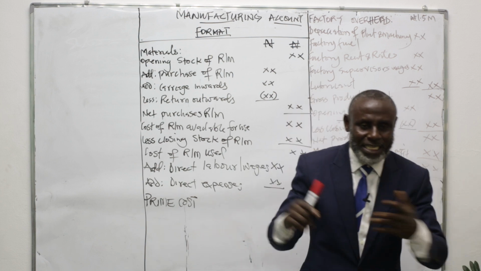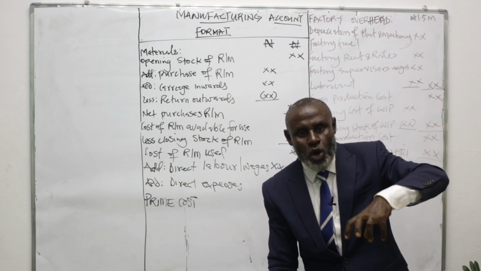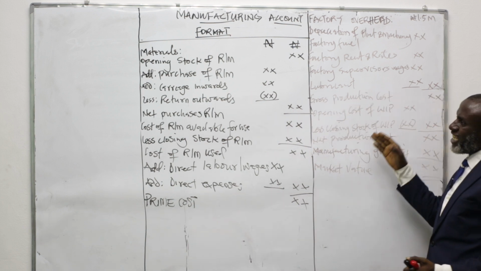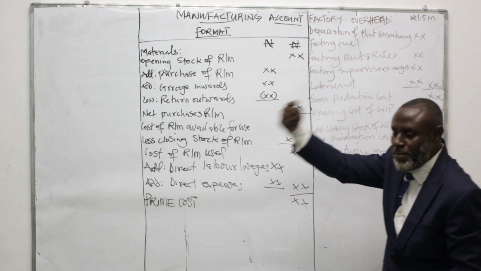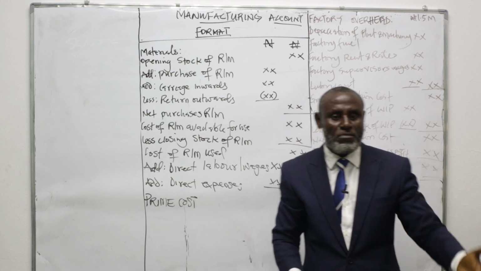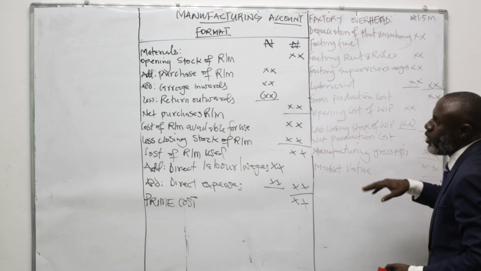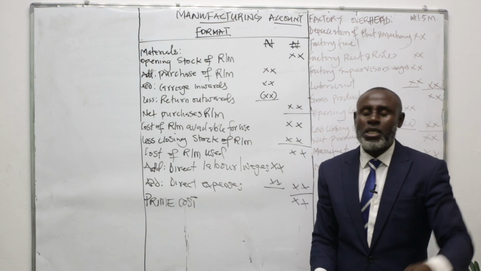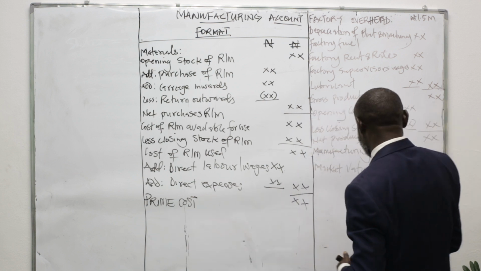They rather produce what they sell. And so you take the value of cost of production, or what is known as market value, if you are to transfer the goods produced to the marketing department at a profit margin. So you take market value and replace it with your conventional net purchase in the trading profit and loss account.